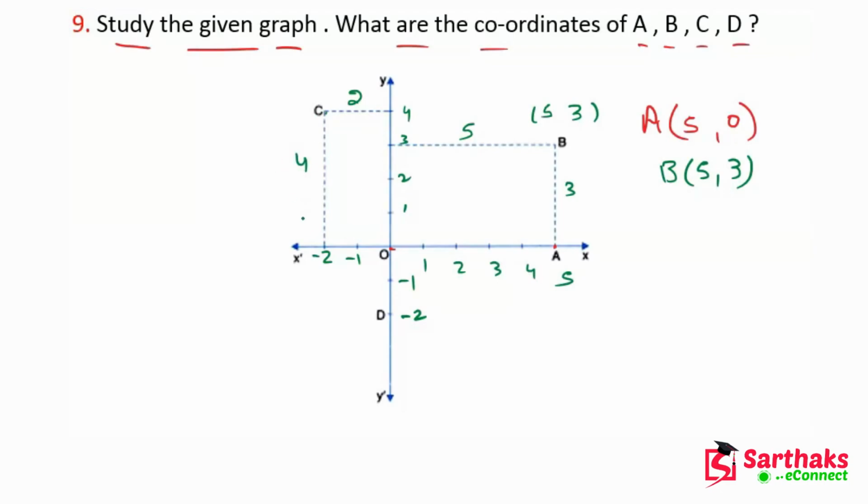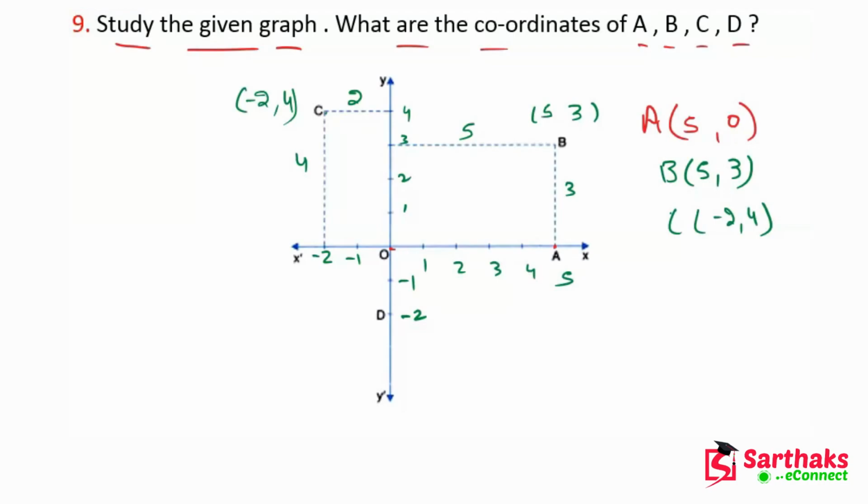This point lies in the second quadrant, and in the second quadrant the x coordinate is negative and the y coordinate is positive. So point C is minus 2 comma 4. I hope, my dear friends, you understand these things.